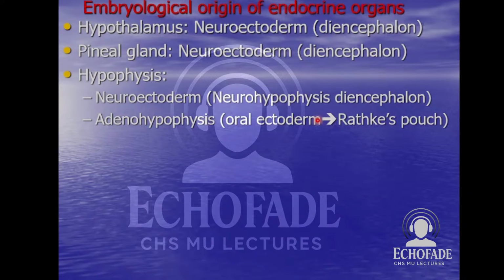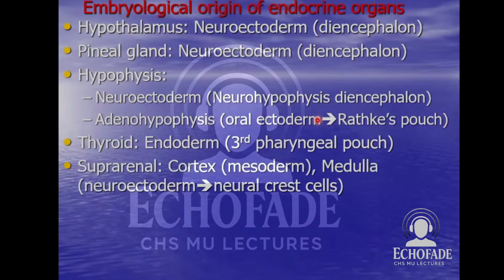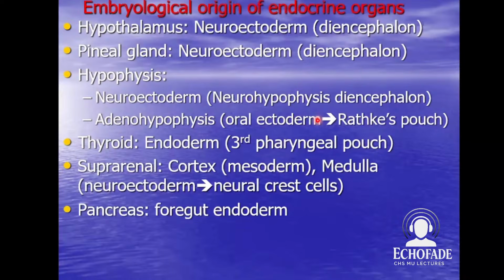The thyroid gland is from the third pharyngeal pouch, so it is endodermal in origin. The suprarenal gland cortex is from the splanchnic mesoderm. The medulla is from the neural ectoderm, as a migration of the neural crest cells, so the medulla is of neural crest origin. The pancreas is from the foregut endoderm, as an evagination of the endoderm at the distal part of the duodenum.